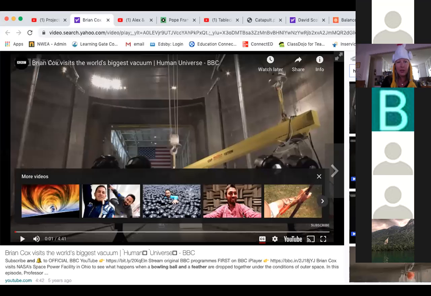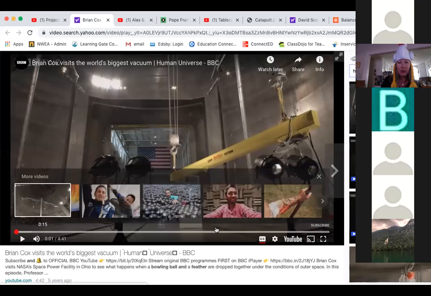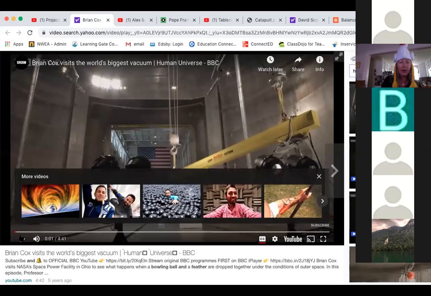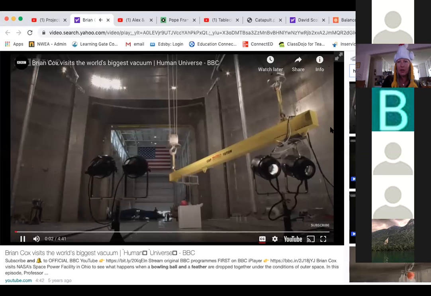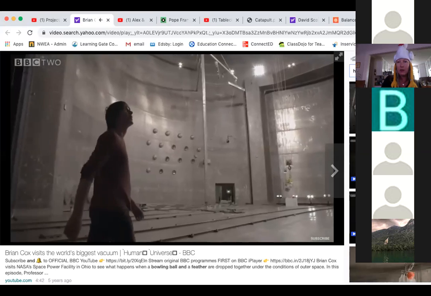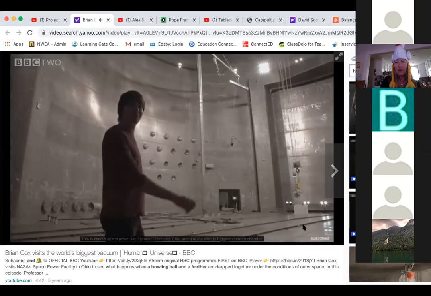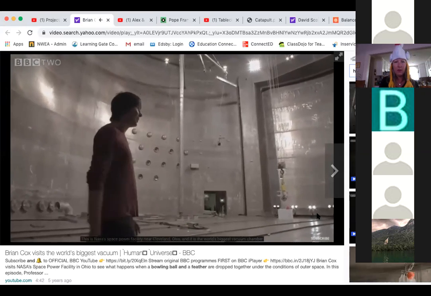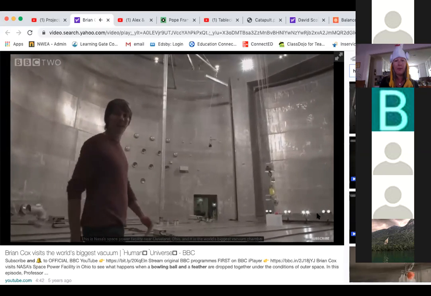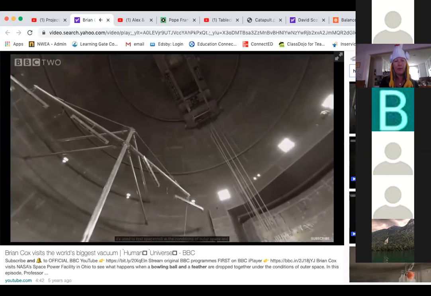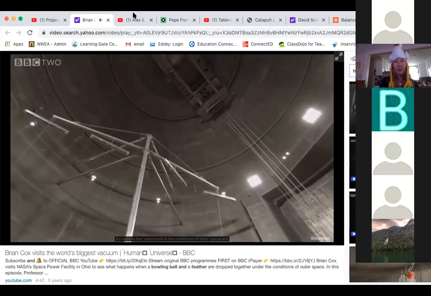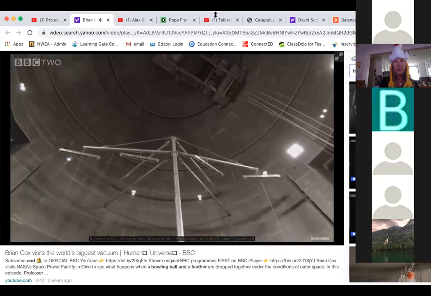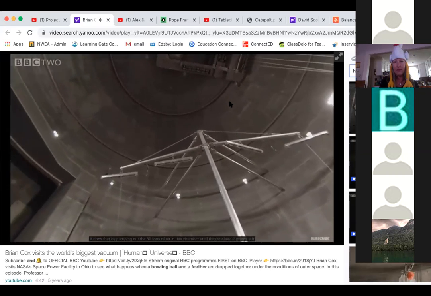This experiment that they did in a chamber here. This is NASA's Space Power Facility near Cleveland, Ohio, and it is the world's biggest vacuum chamber. It's used to test spacecraft in the conditions of outer space, and it does that by pumping out 30 tons of air.